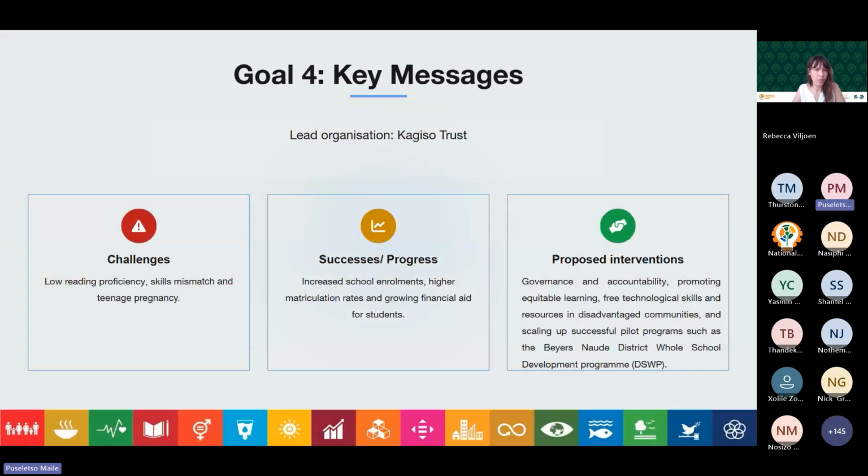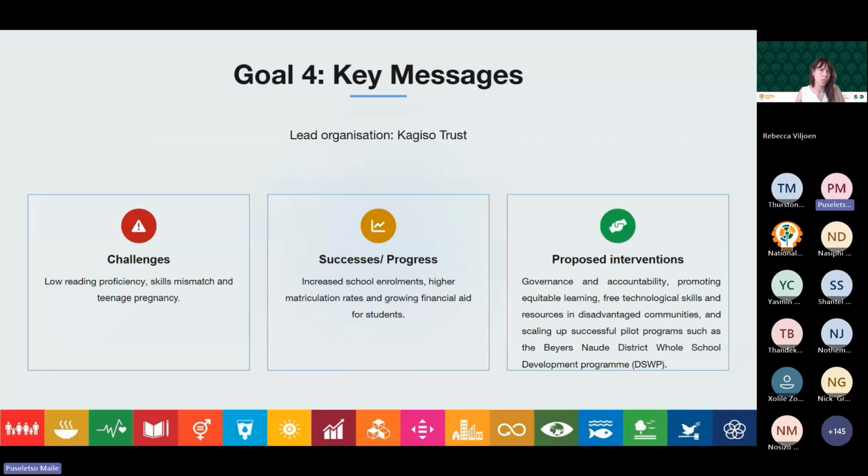Goal 4, which was led by Gaso Trust, the challenges that were identified include low reading proficiency, skills mismatch, and teenage pregnancy. Some of the successes under Goal 4 on quality education include increased school enrollment, higher matriculation rates, and growing financial aid for students.